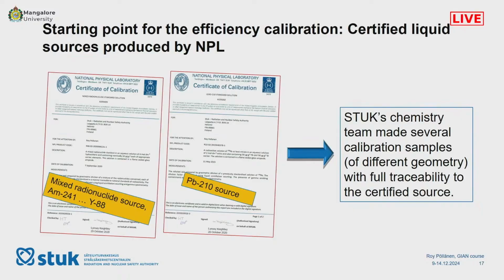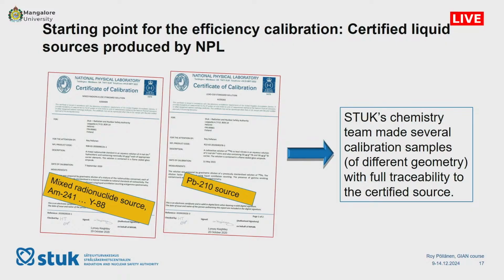So, what's the starting point of the efficiency calibration? You must have certified sources. We have liquid sources produced by National Physical Laboratory from Great Britain. Your sources are, I guess, from IAEA. Yeah. These are the certificates. This NPL is a primary laboratory, so these sources are very well characterized.